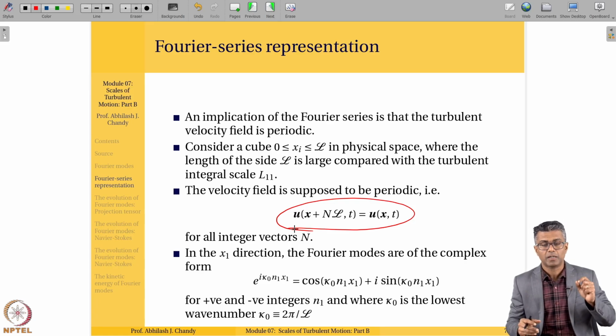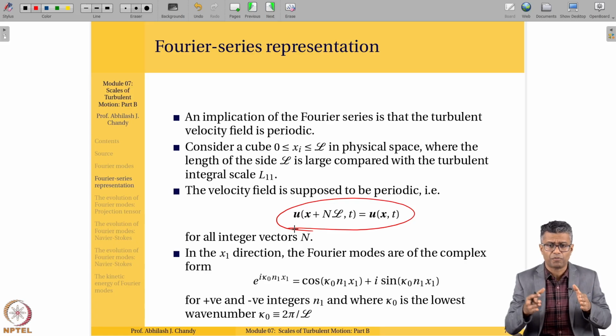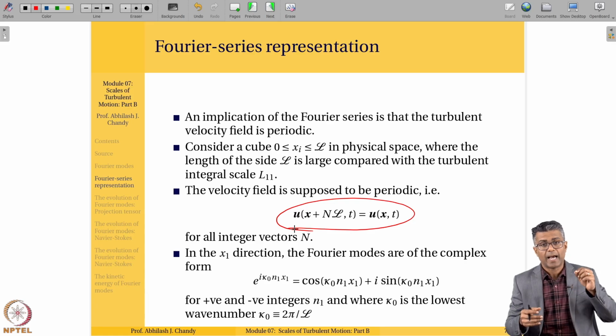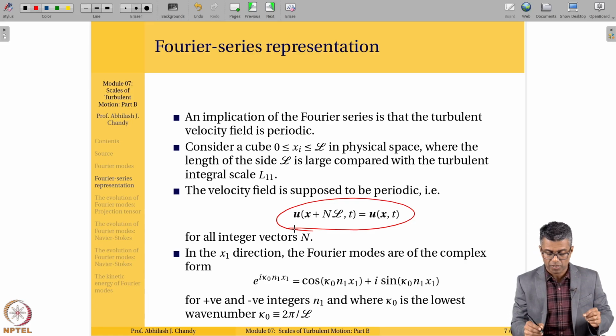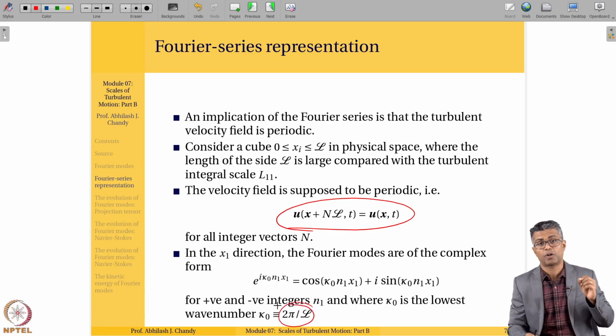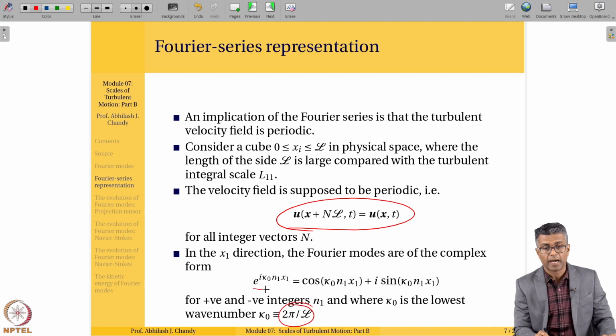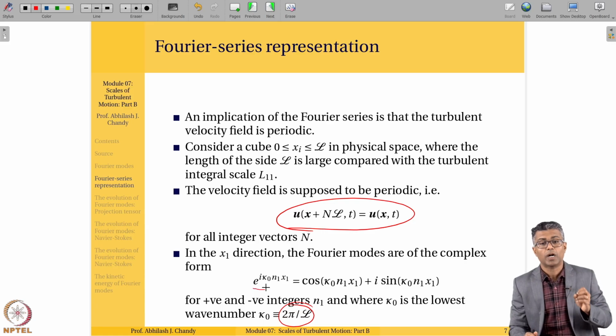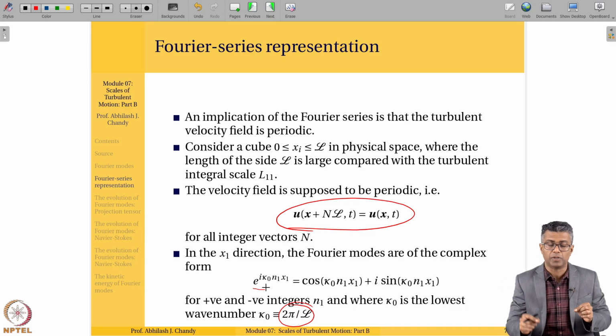Then we defined some basic things within the Fourier modes. So if you have a set of wave numbers, and you have the lowest number represented by kappa naught equal to 2 pi over L, then you can write the Fourier modes as e to the I kappa naught n1 x1, meaning kappa naught is the lowest wave number, n1 is this integer multiple, and x1 is the first direction.